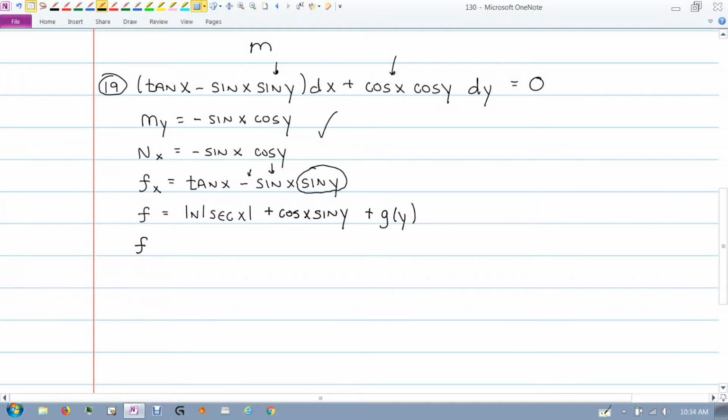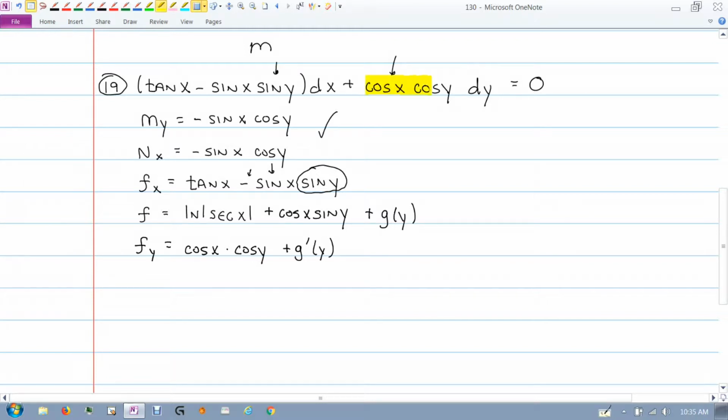Now we differentiate this with respect to y. We get 0 in that first term, and then cosine x is a constant, the derivative of sine y is cosine y, and then plus g prime of y. We'll try to match this up.